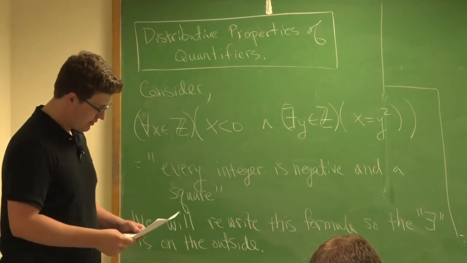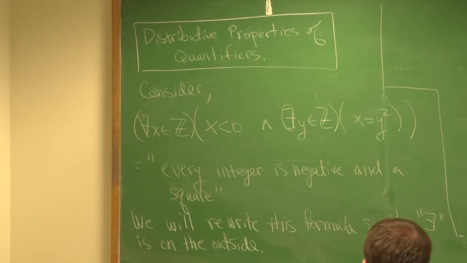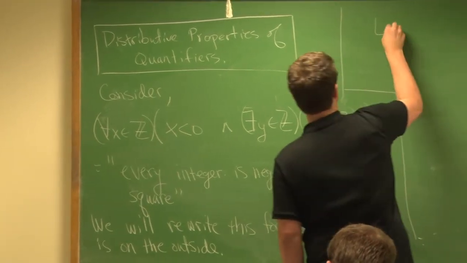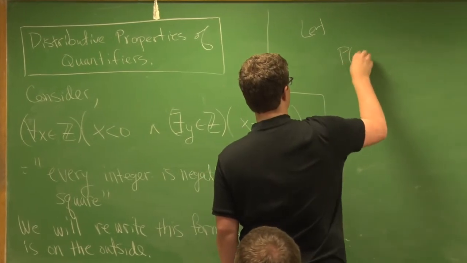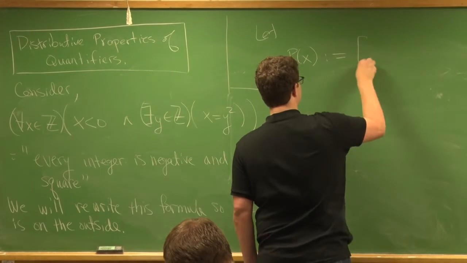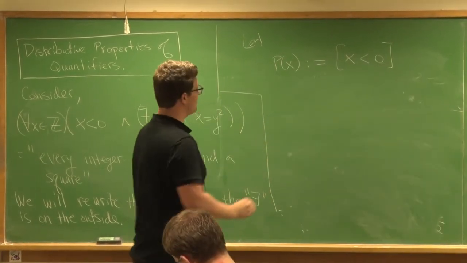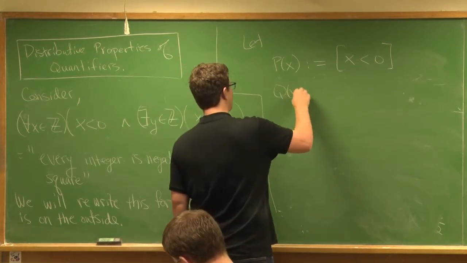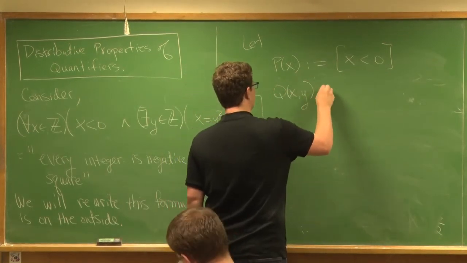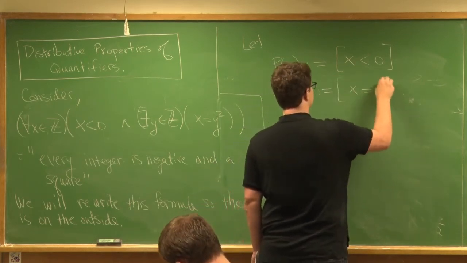Okay, so I'm going to introduce some more notation, some symbols. So let p of x be a predicate. This is going to be the predicate x is less than 0. And then I'm going to do another one, q of xy, defined to be equal to x is equal to y squared.